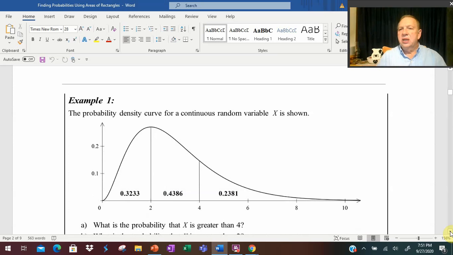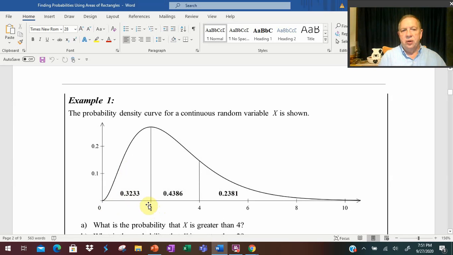Okay, we kind of did this when we were doing the empirical rule, with the 68, 95, and almost all, 99.7. Here is a probability density curve, and they've given you values between certain points. This is a continuous distribution, so we could have values 1, 1.5, and 2, but they've only given you the values for these regions.